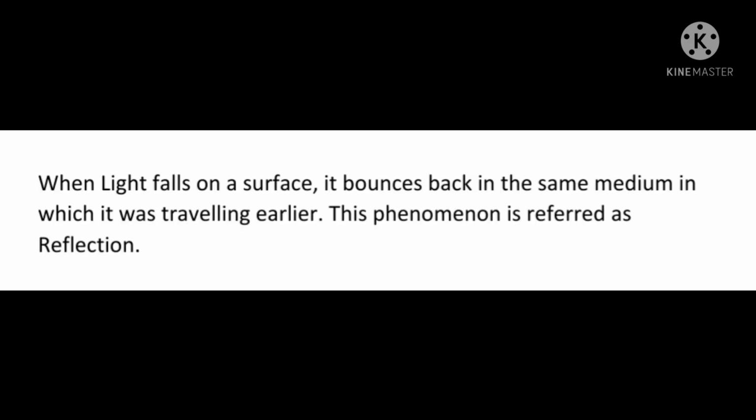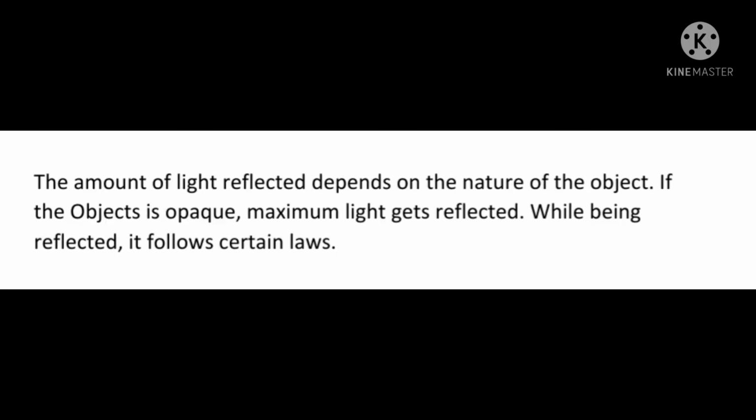So next we will see reflection of light. When light falls on a surface, it bounces back in the same medium in which it was traveling earlier, and this phenomenon is referred to as reflection. Now, the amount of light reflected depends on the nature of the object.